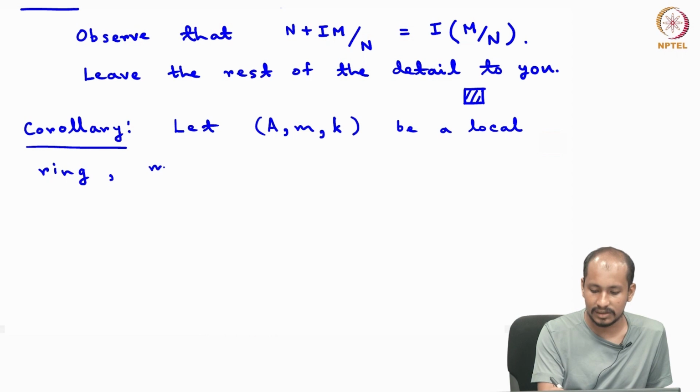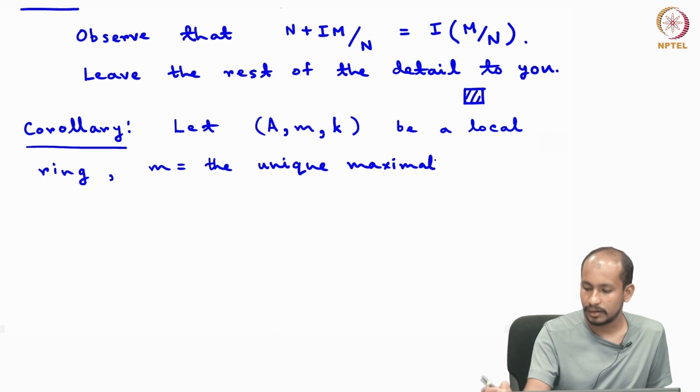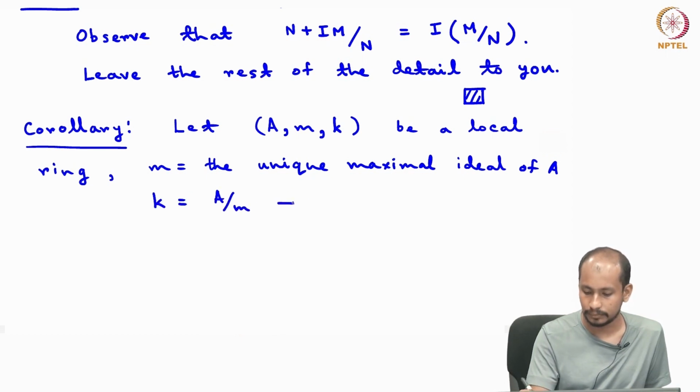Here m is the unique maximal ideal of A, and k is the residue field, meaning A mod m.